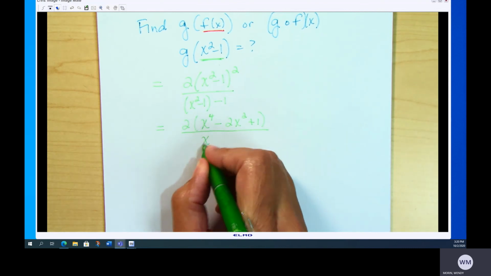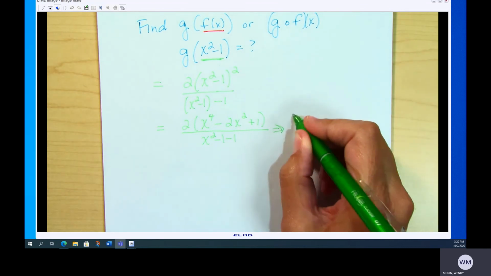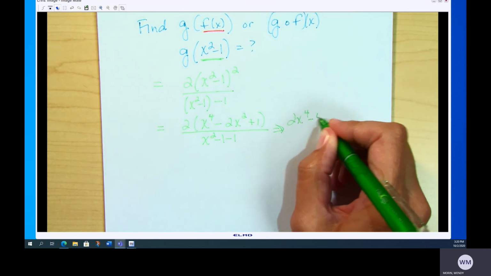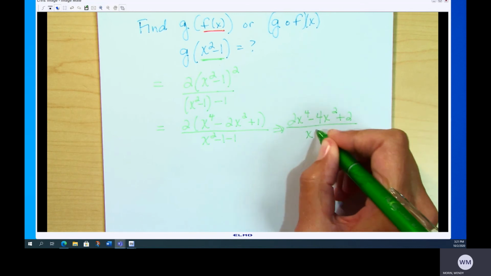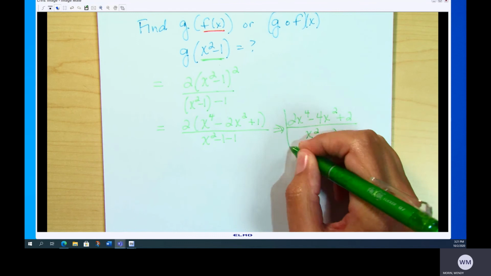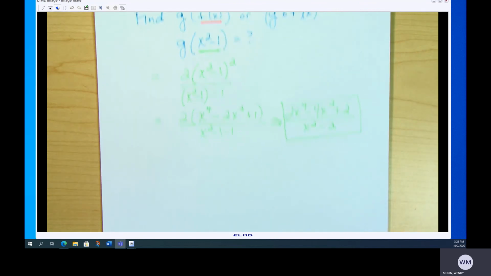And on the bottom, we have x squared minus 1 minus 1. So your final answer is 2x to the 4th minus 4x squared plus 2 all over x squared minus 2.